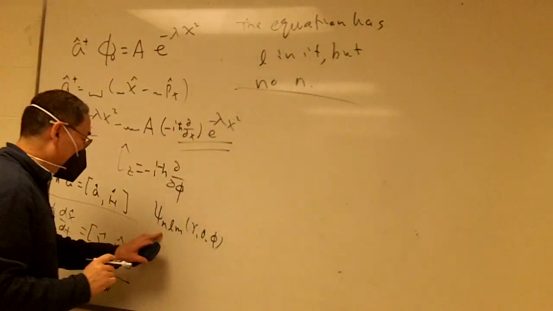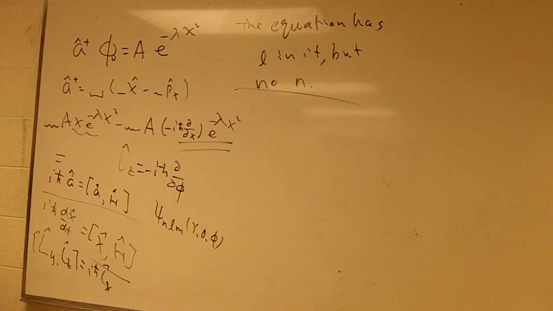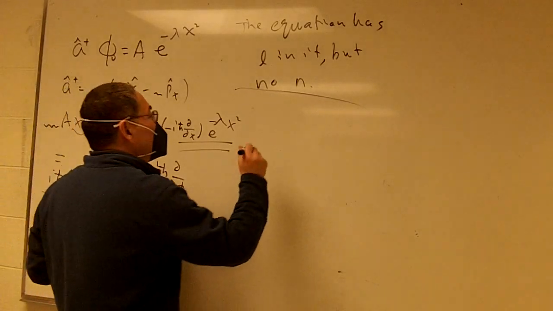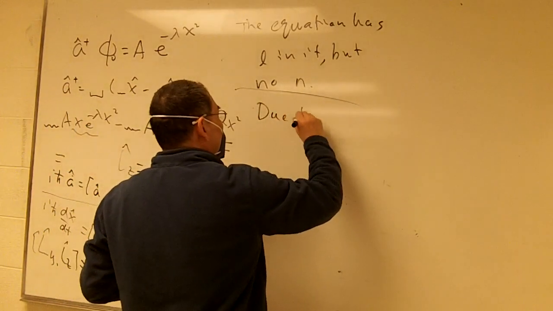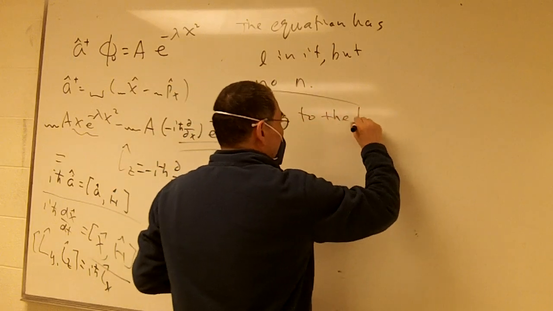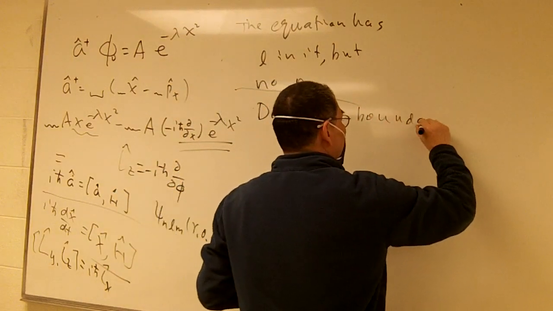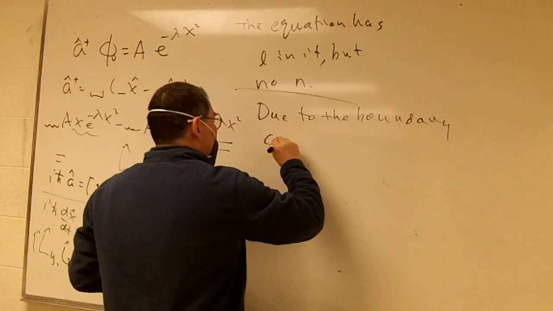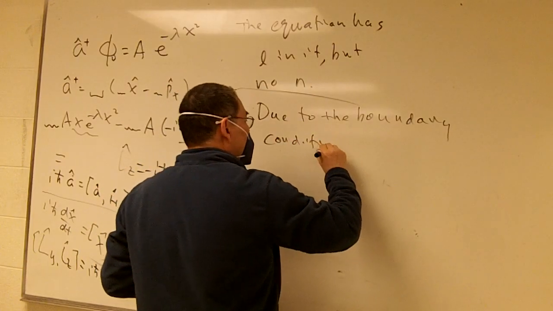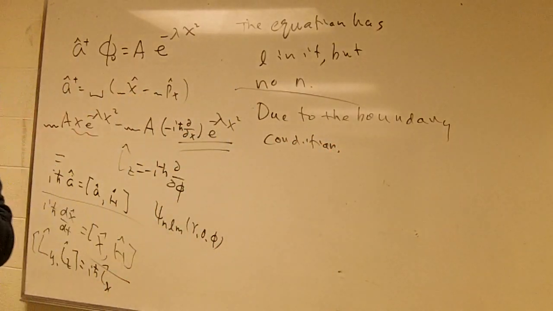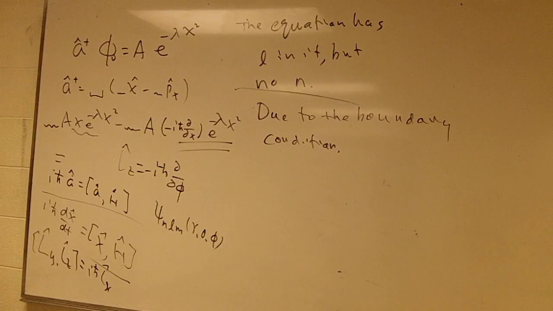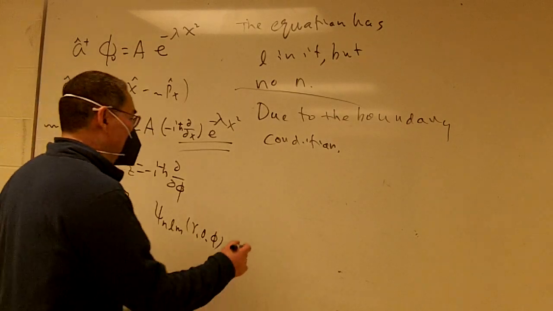But how in the world does an n come out? The reason is that this is due to the boundary condition. Numerically, this is due to the boundary condition.